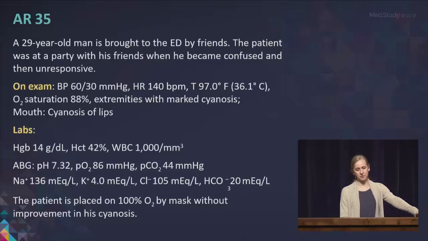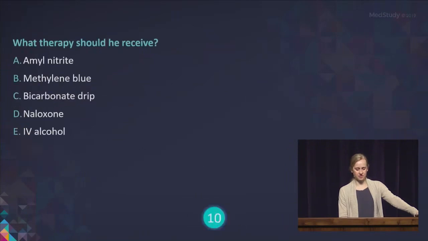His hemoglobin is 14, hematocrit 42, white count 1,000. His pH is 7.32, PO2 86, PCO2 44. His sodium is 136, potassium 4, chloride 105, bicarb 20. The patient is placed on 100% oxygen by face mask without improvement in his cyanosis. What therapy should he receive?